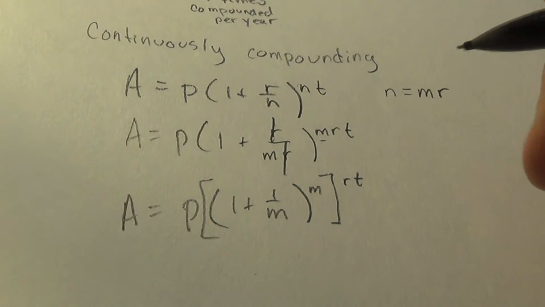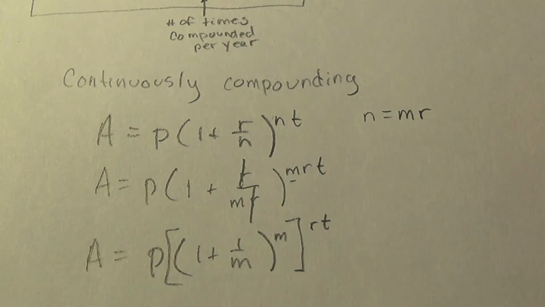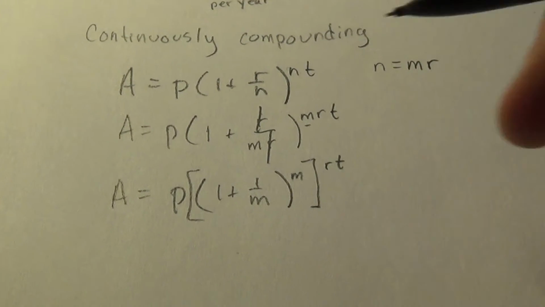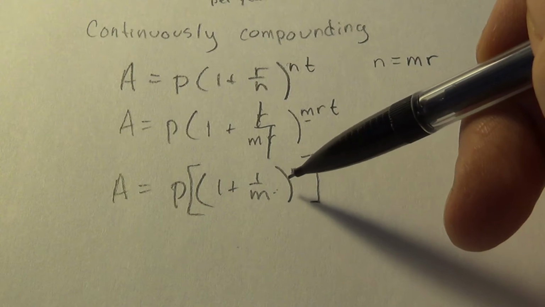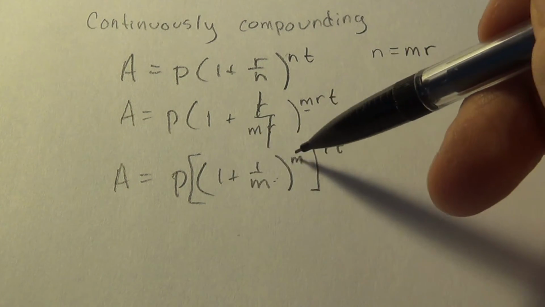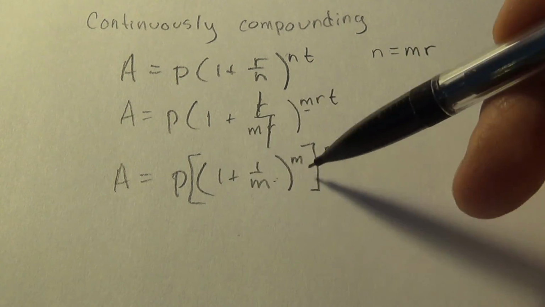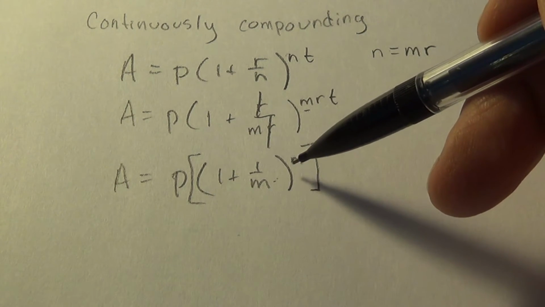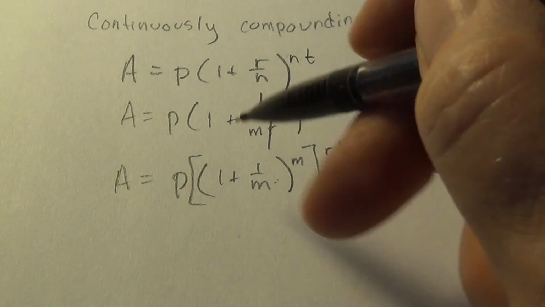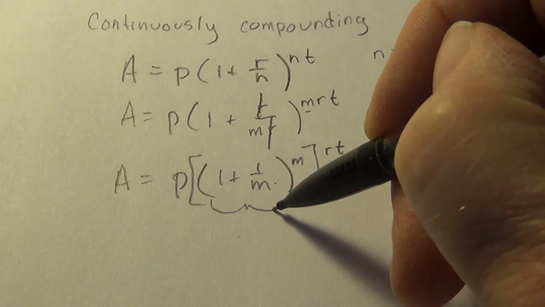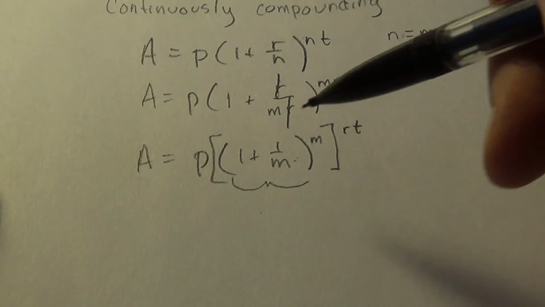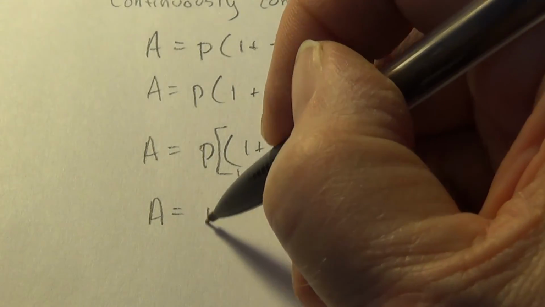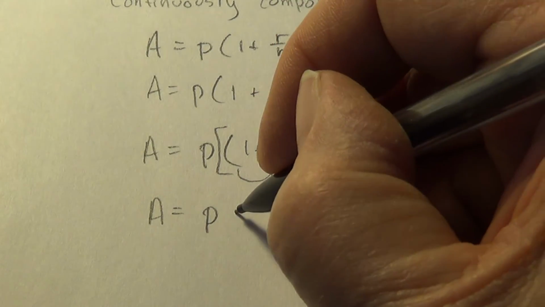Now we talked about this expression today in class, and that's the one where somebody put in a 10, somebody put in 100 and 1,000 and so forth, until we saw that this expression, as m goes to infinity, or as it gets higher and higher, it approaches e. So that's what's going to happen as we repeat this over and over hundreds and thousands and billions of times at all times continuously. This goes to e.